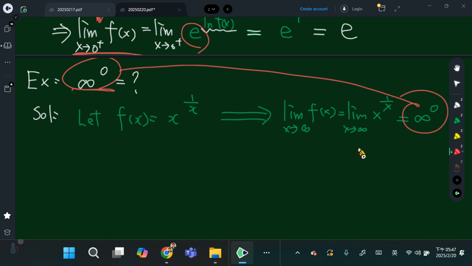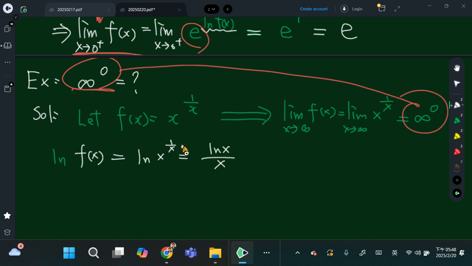So for the next step, as I told you, once we want to make the power come to the ground, what we should do is try to have an ln here, so that ln of x to the power 1 over x becomes ln x over x.